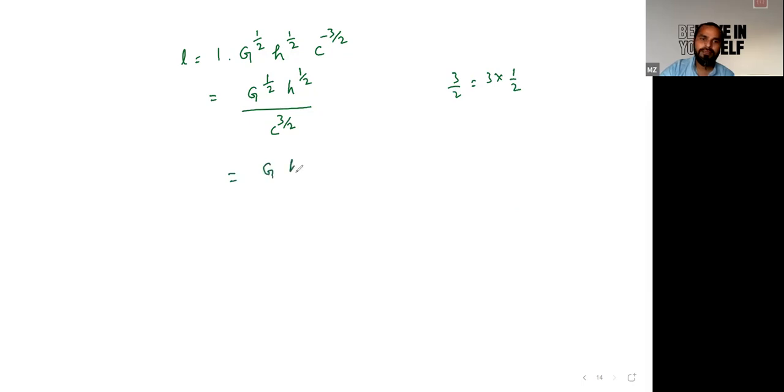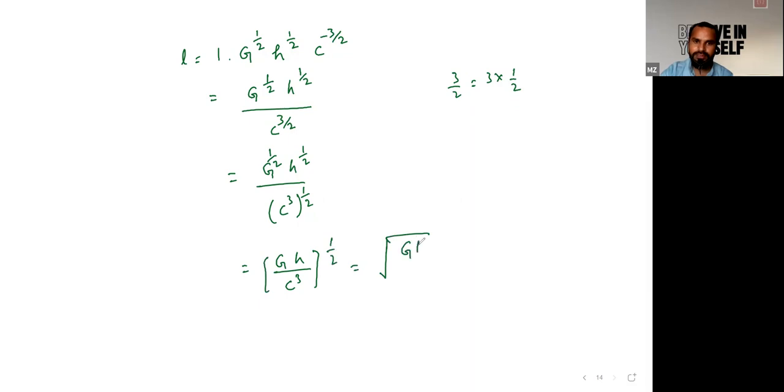So we can write GH to the power half divided by C cubed, whole to the power half. Now take the half exponential common from all of them, so it becomes root under GH divided by C cubed. Is it clear now? Yes, Abdullah, tell me.